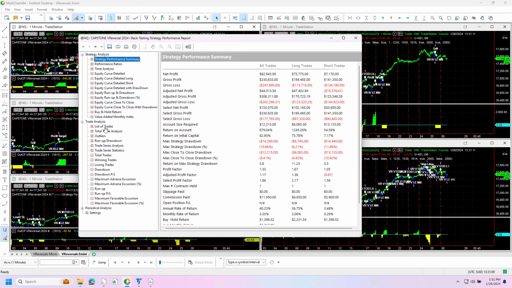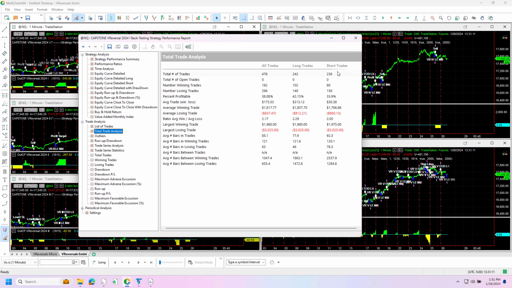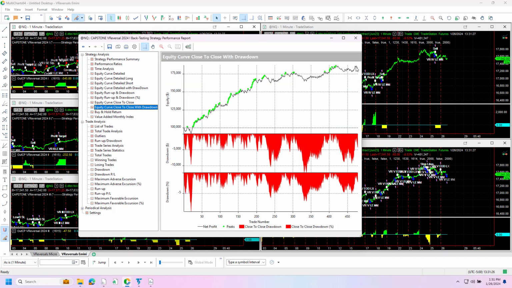Then you can look at the trade analysis, total trade analysis. Number of trades is about the same, while the average trade profit is $313 on the long side and $30 on the short side. That is with slippage and commission. And even with the short signal, this is recently near equity peaks.